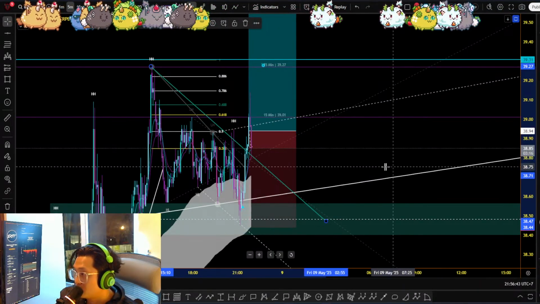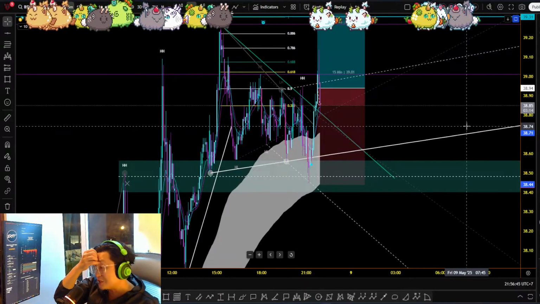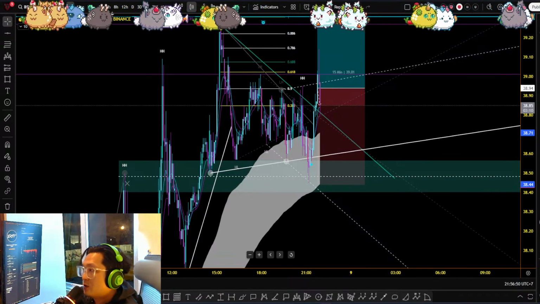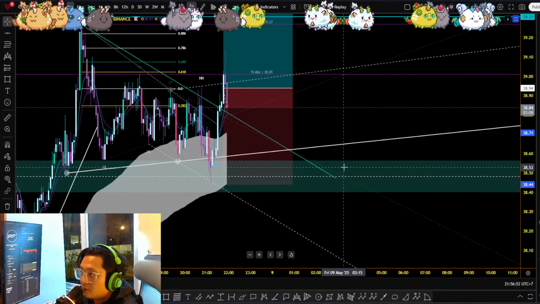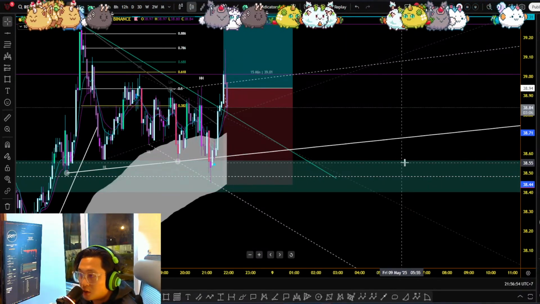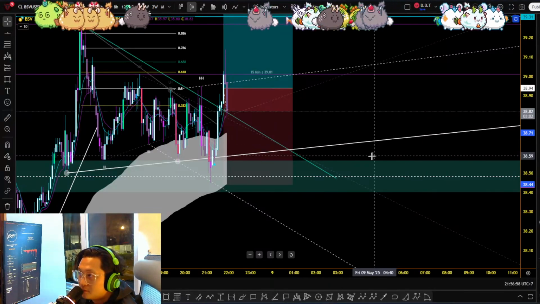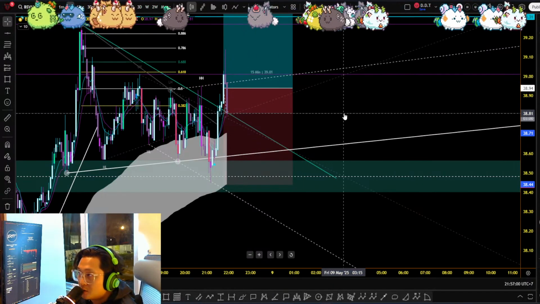But if this holds, we're gonna run. If this thing breaks, we're gonna run. It still looks bullish for now. But if this thing breaks, maybe I'm gonna short. I'm gonna reverse, I'm gonna show you how to reverse. I'm gonna Uno, because this is resistance right now.